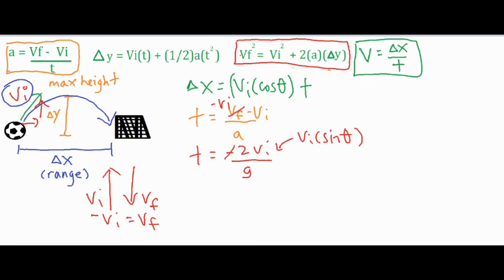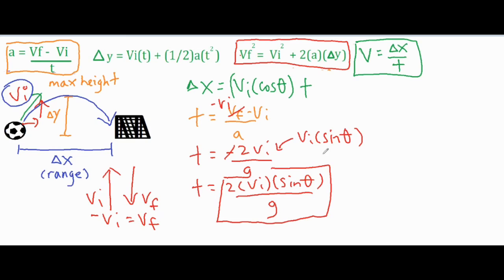So once we solve for time, the final expression is t equals 2 vi sine of theta over g. We're going to take this entire expression and substitute that in for the t right over here.